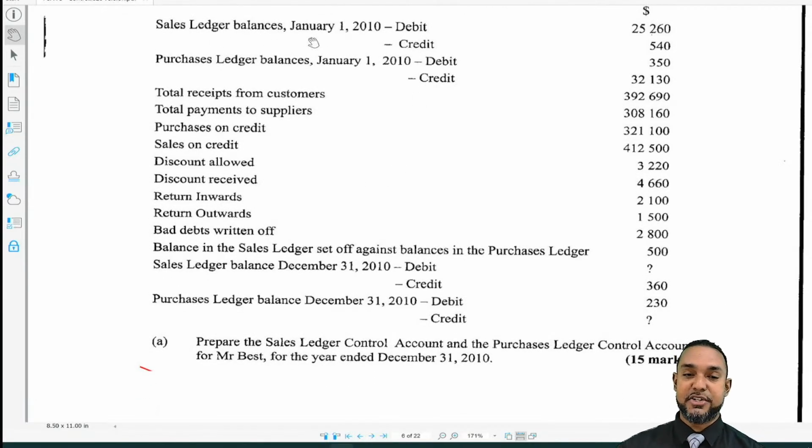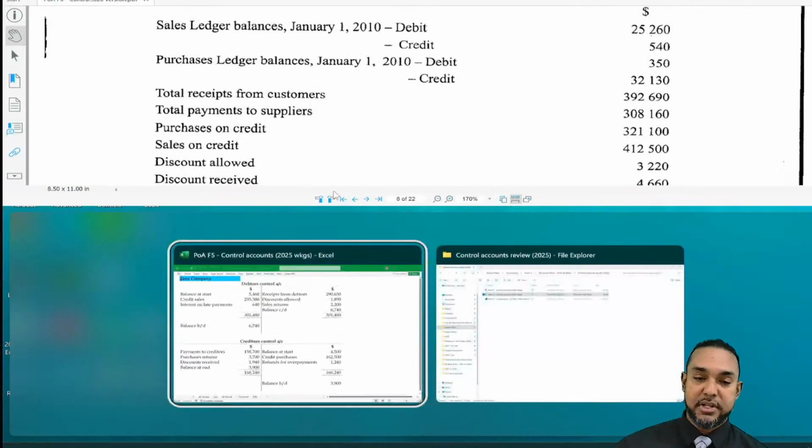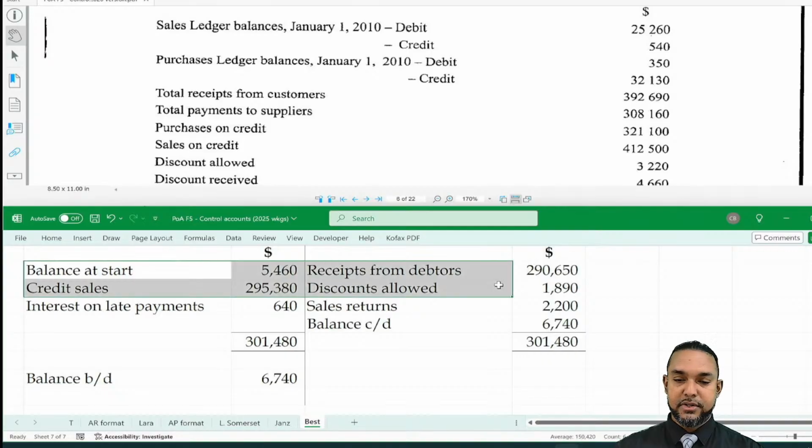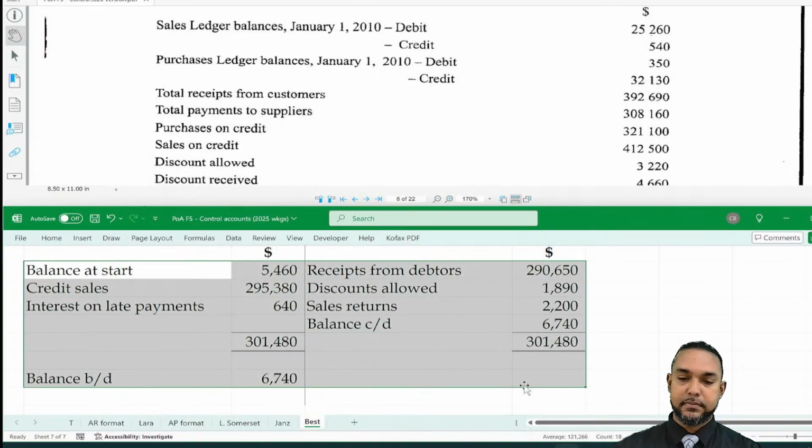So we have sales ledger balances. Now what I'm going to do is I'm going to push that to the top. I'm going to push this here. This is Best. All right, cool. Let me get a, what you call it? Oh, right. Best. So Best is, Jan 2011, Mr. Best, right? We're going to take out this information because, of course, it's not the same information.